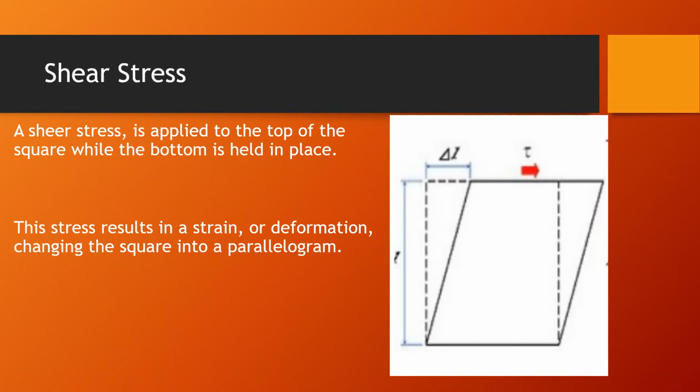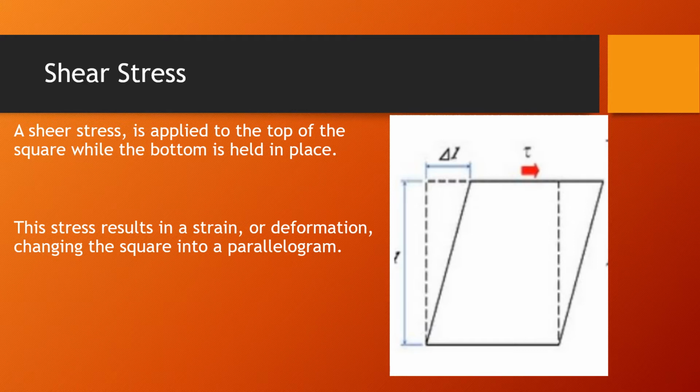Now coming to the shear stress. A shear stress is applied onto the top of the square while the bottom is held in place. So the bottom is fixed and stress is applied on the top, like it is shown in the diagram. This stress results in a strain or deformation.